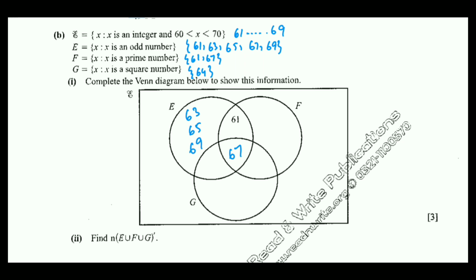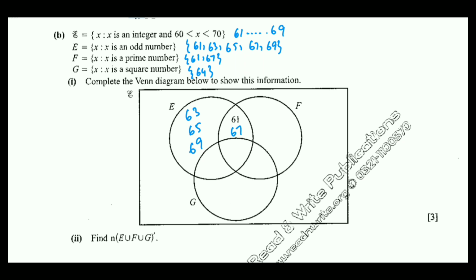Now what you will do, 67 will be written with 61, sorry. This is the part where you have to write the common of all these three sets. But 67 is common between E and F. So you have to write it with 61.